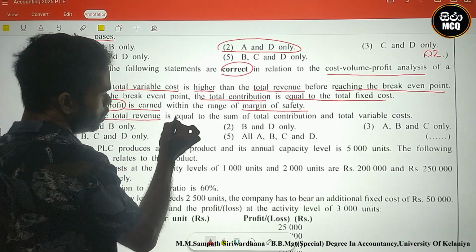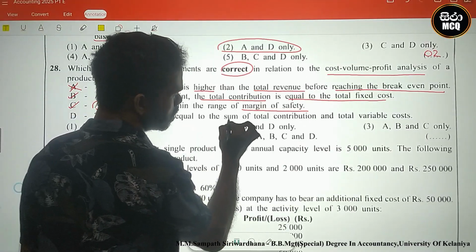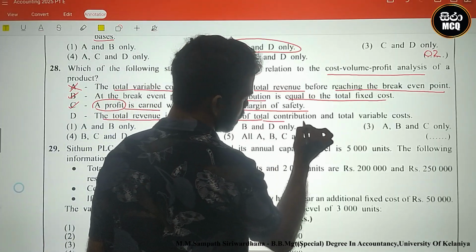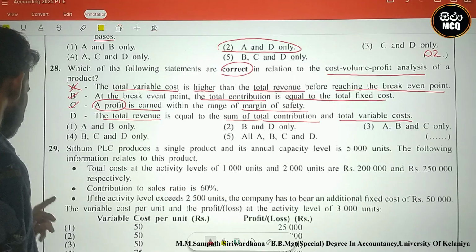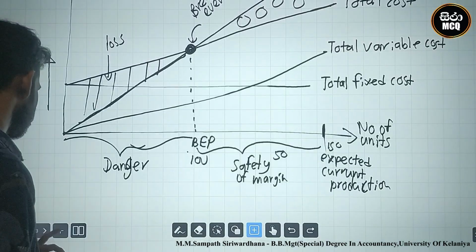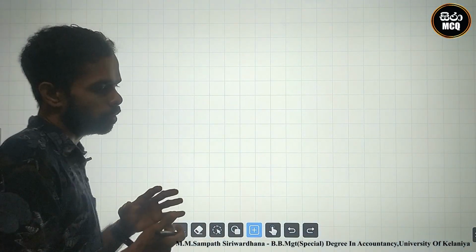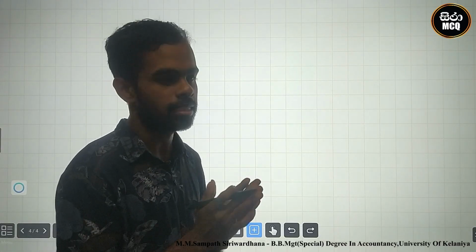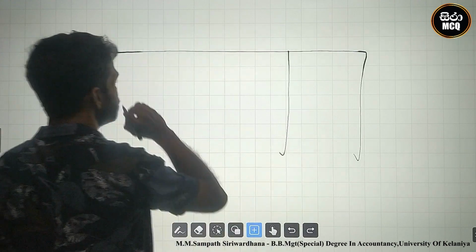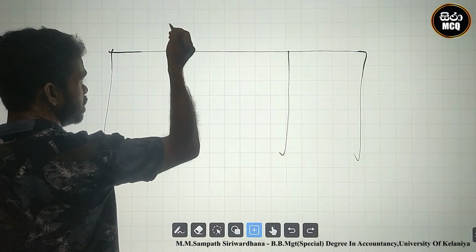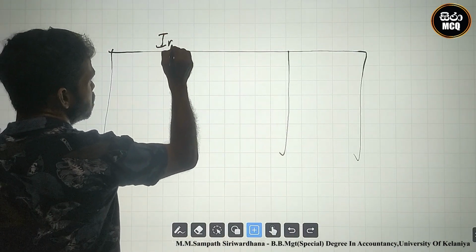Look here, another one. The total revenue is equal to the sum of total contribution and total variable cost. Look here, I use the income statement. What is the income statement in break-even point analysis?